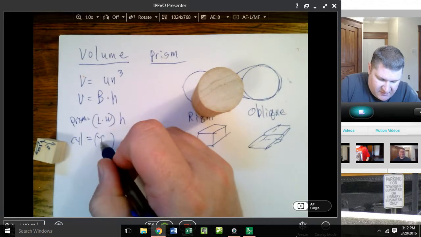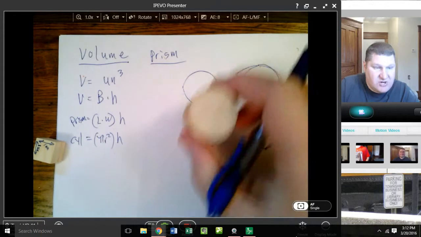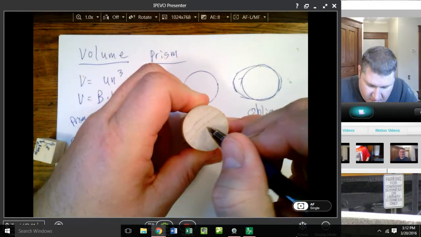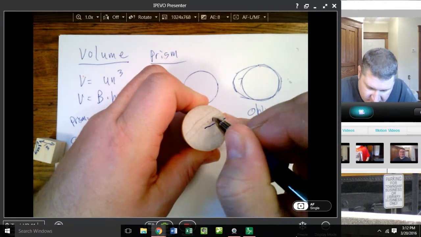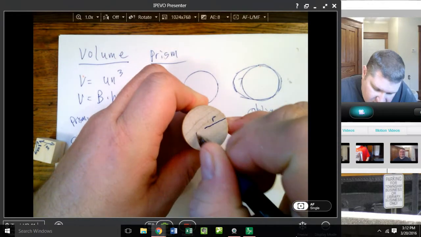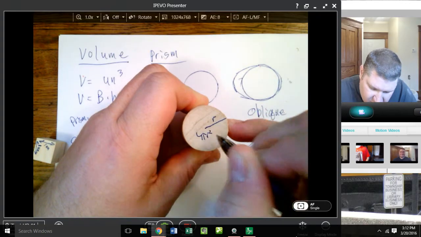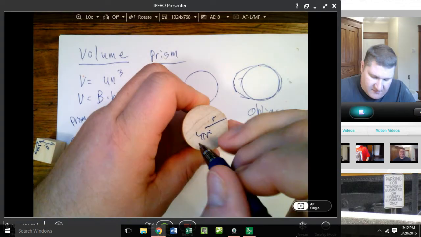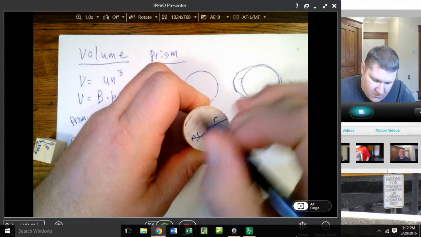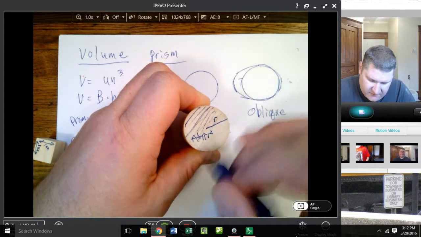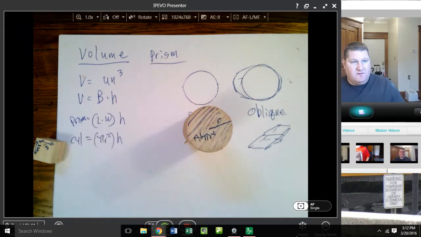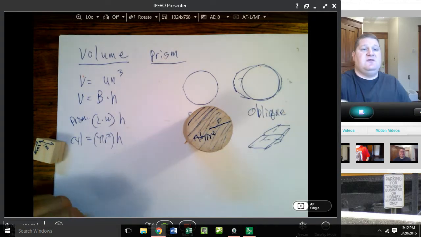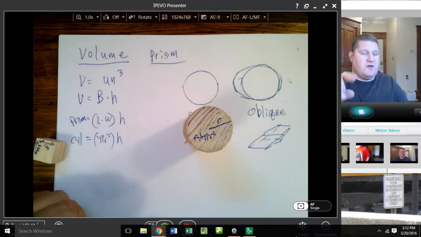That's going to be pi r squared times h, because the area of a circle, if that's my radius, pi r squared is going to be my area for this whole base. That's my whole area. So take a look. If you see that, you kind of get the idea of where we're aiming for here.